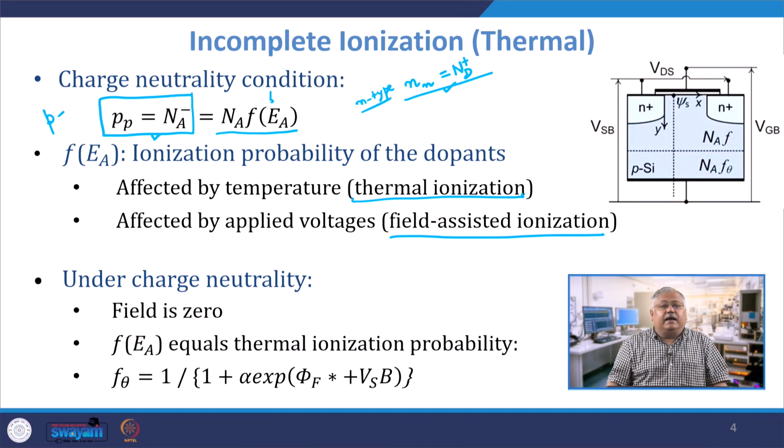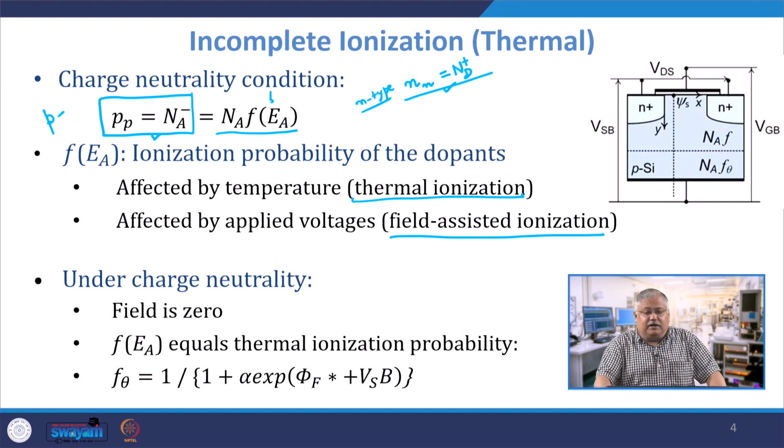Then we define that to be field assisted ionization. Another case is that the farthest electron, which is very far from the nucleus of the atom, might come under the influence of an external electric field, and the field will exert so much force on the electron that it can jump away from the influence of the nucleus, resulting in a free charge carrier, right. That is also referred to as field assisted ionization.